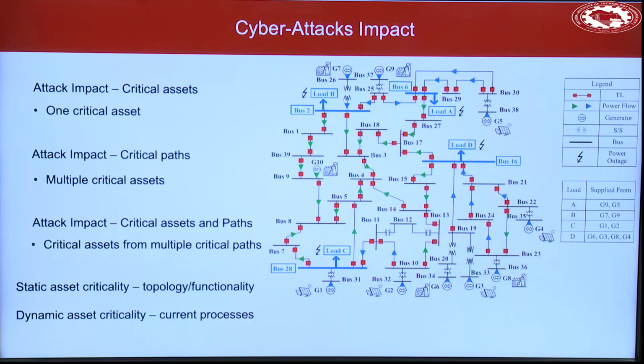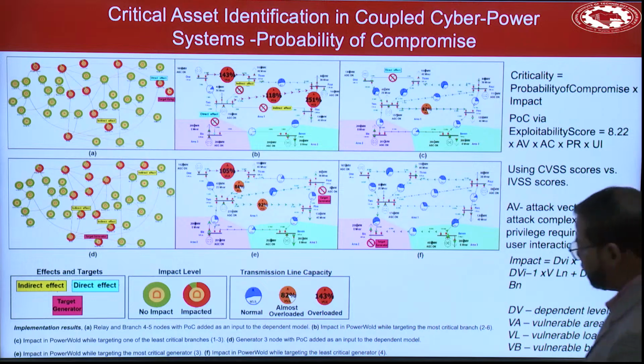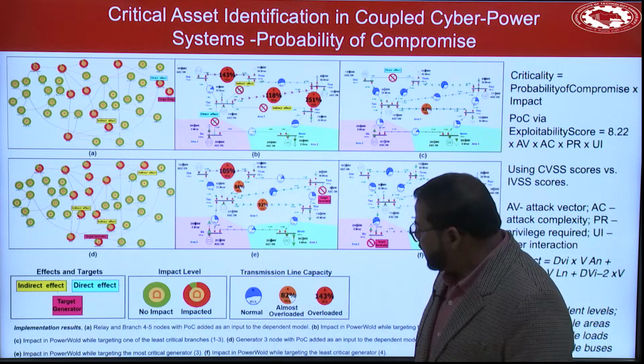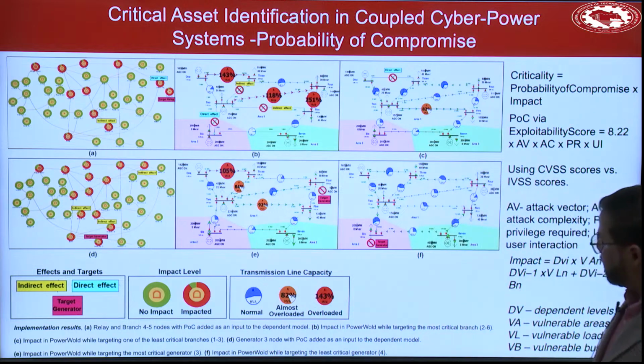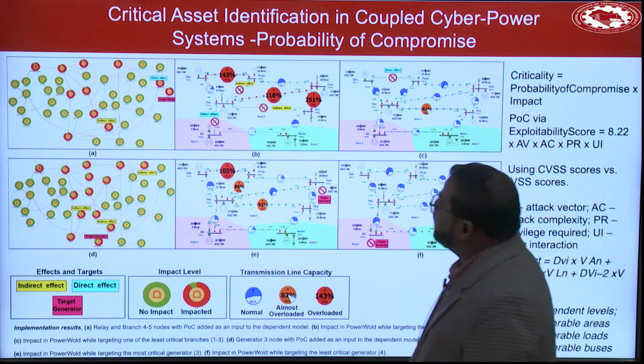So what will happen to the system? In this scenario, it says in figure 1, relay and branch 4, 5 nodes with probability of compromise added as input to the dependent model. So which is 4, 5.